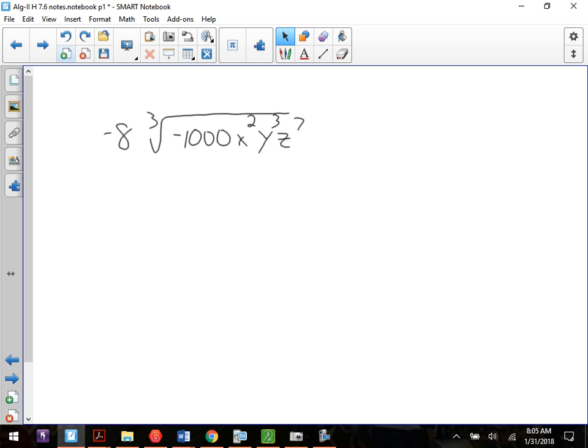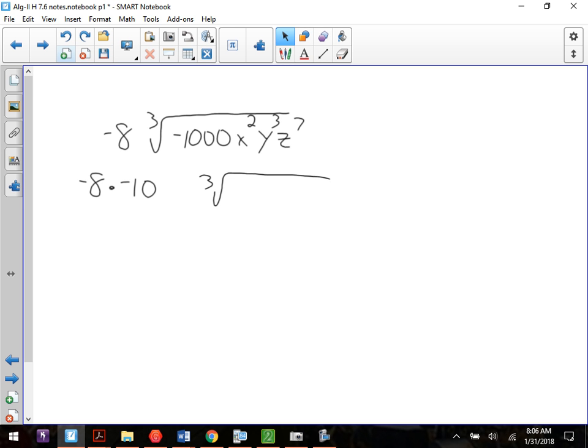Take a guess what the cube root of negative 1,000 is. Is it 10 or negative 10? Which one? Negative 10. So I know that this becomes the negative 10, so it's negative 8 times negative 10. Then I have a cube root.